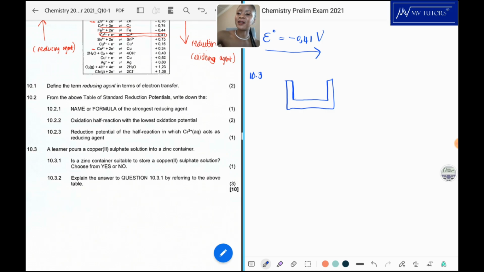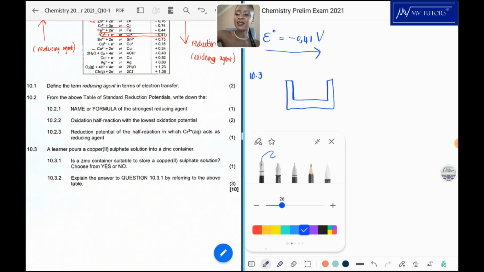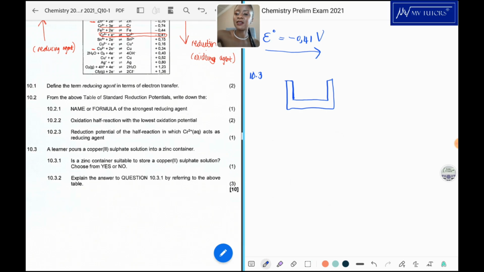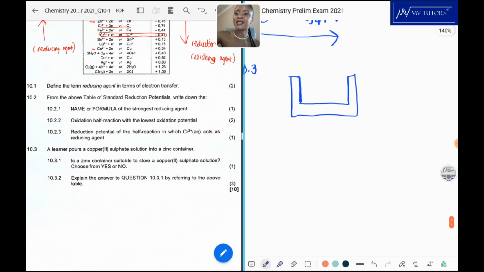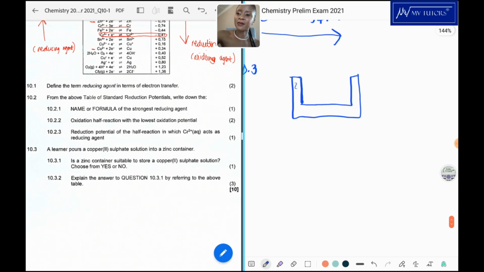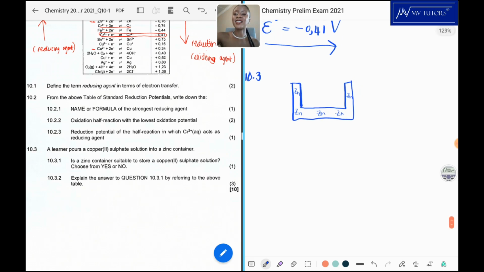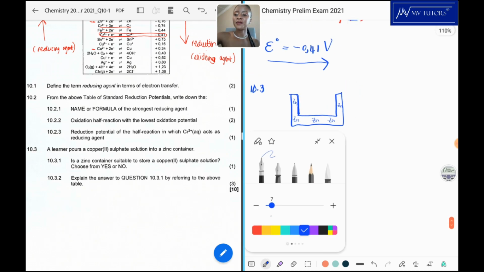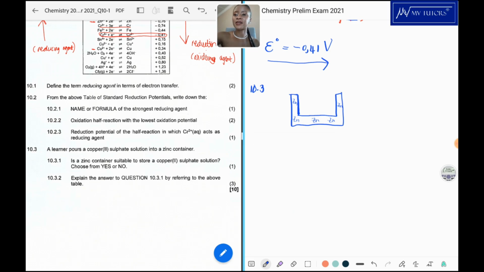Okay, and we have zinc there, just so that I can write. So we have zinc. This is solid zinc. Okay, so now, what happens?